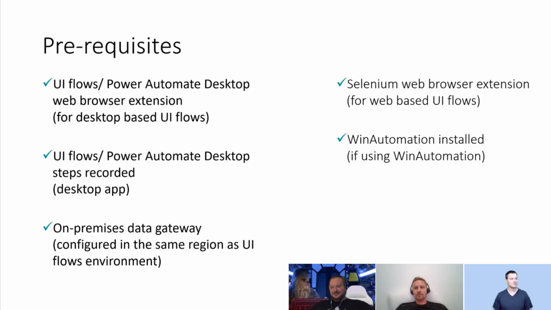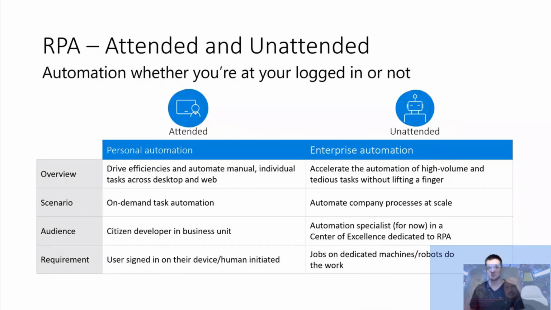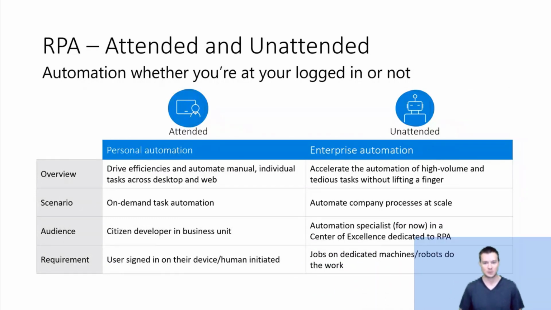Right. It's not the last information that I have, but it's one important piece of information before we start with the demos. The RPA concept is appropriate for every RPA tool on the market. It is just sometimes called differently, but the idea is the same. There are two modes that RPA can work in.